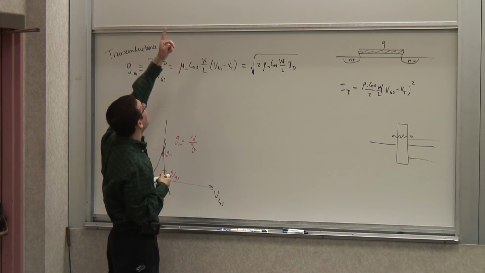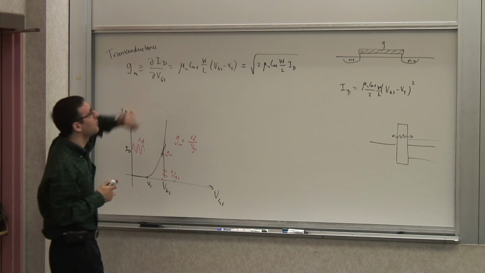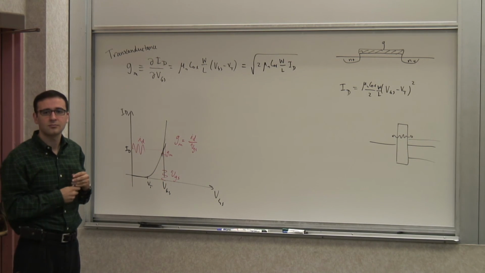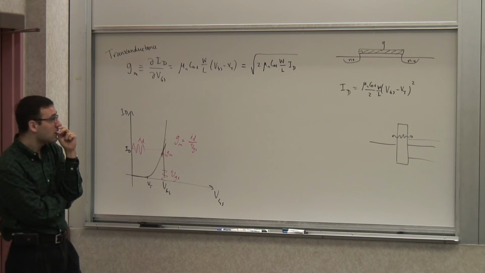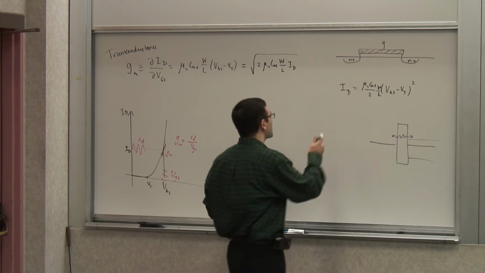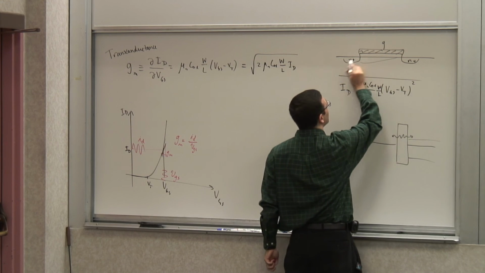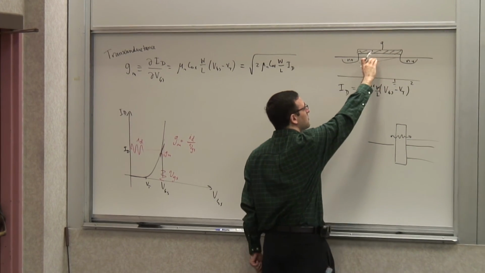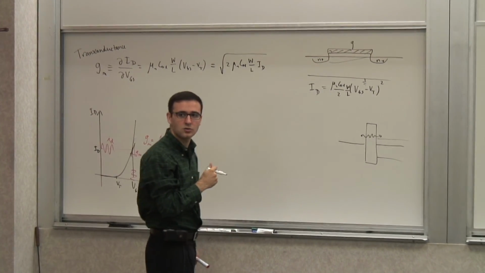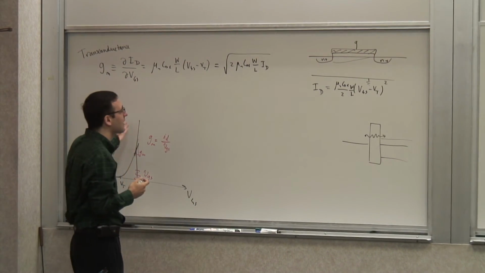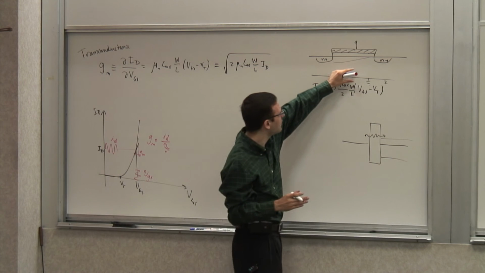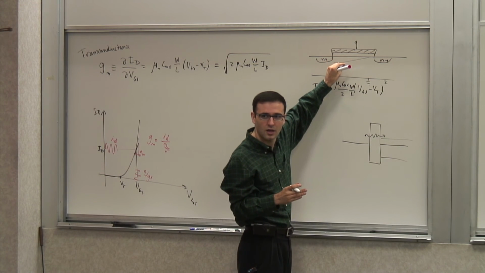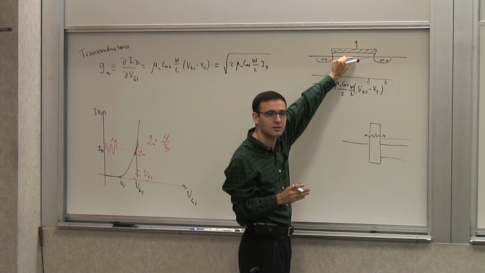Now what else? I don't have to worry about an r pi, so I can leave that open for now. What else do I have? You remember I argued that there is a second transistor reading there, which is basically the VSB. The changes in the threshold can also modulate the current. So if I keep everything constant and change the bulk potential with respect to the source, that can result in a change in the current of the transistor.